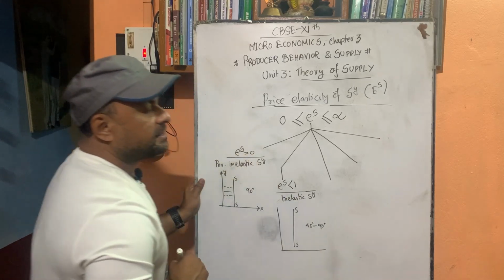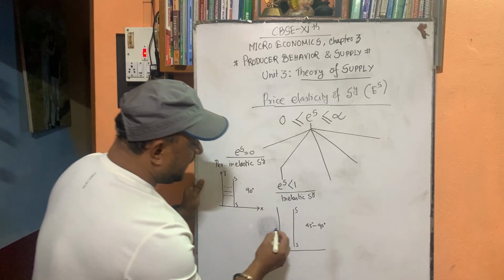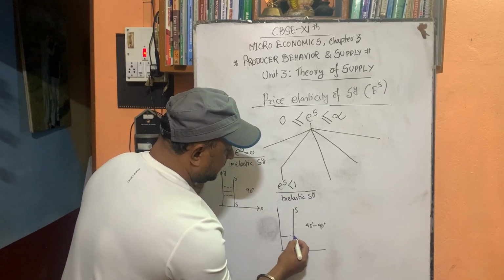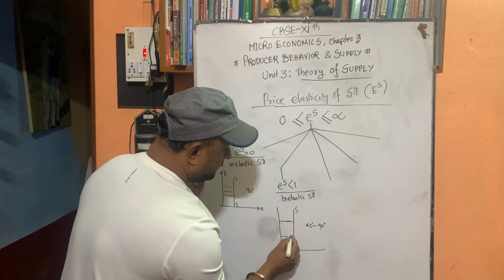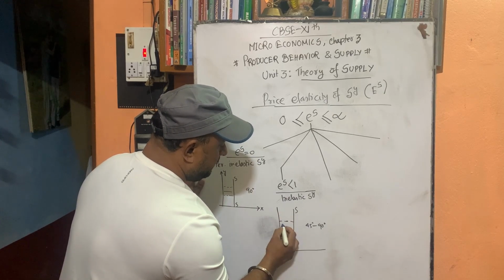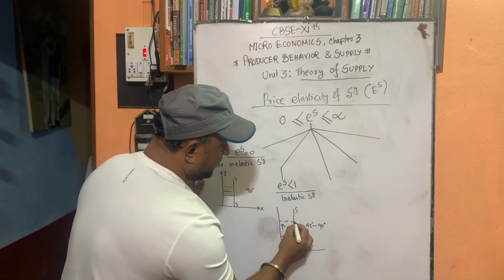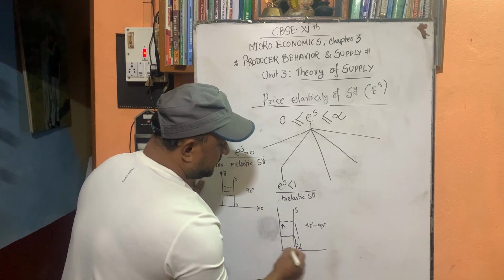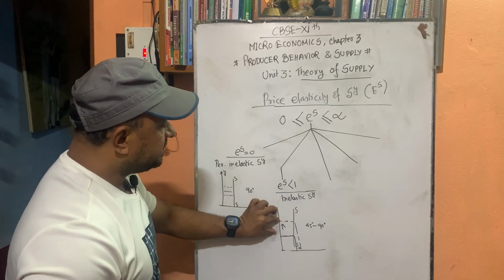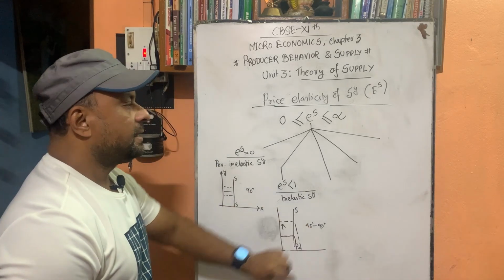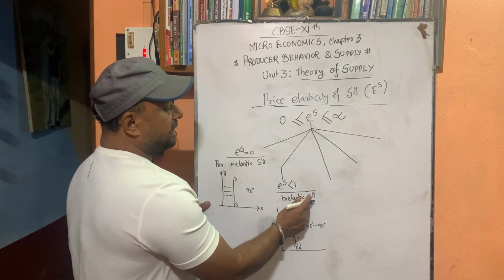Here price reaction is very small. This is the earlier price, this is the new price. Price increases but supply increases by a very small quantity. This is the change in the supply, this is the change in the price. So a large increase in the price, a small increase in the supply. That is inelastic supply.